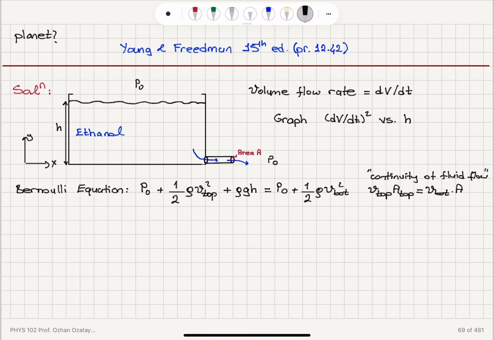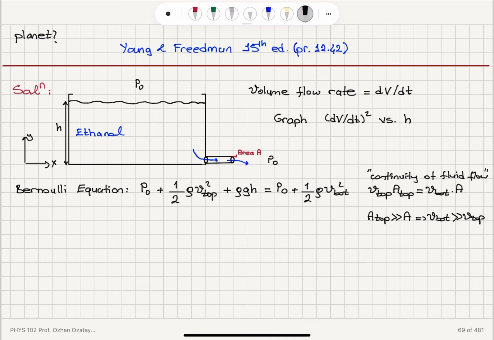Now, it's a very large tank. Therefore, the area of the top surface is much greater than the area of the horizontal pipe. So this tells me that the flow speed at the bottom is much greater than the flow speed at the top.